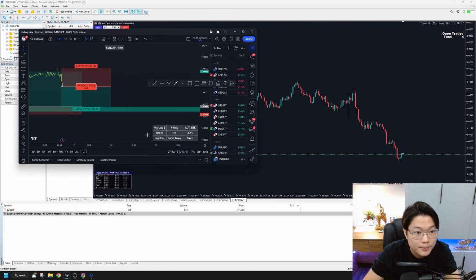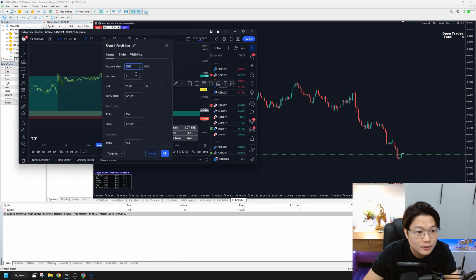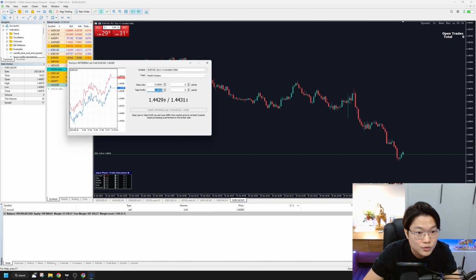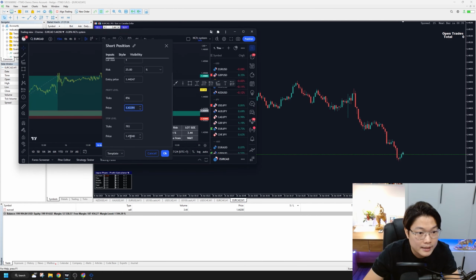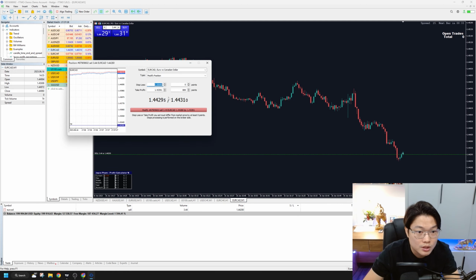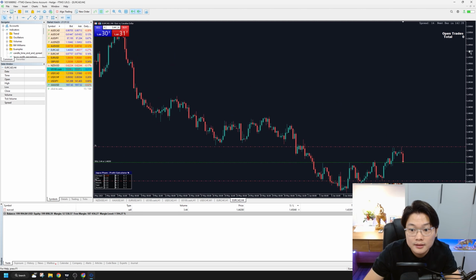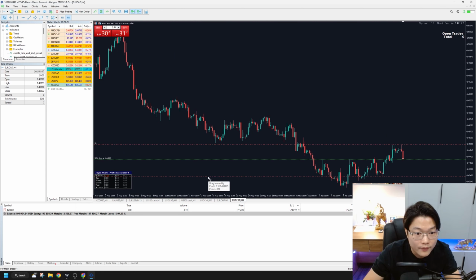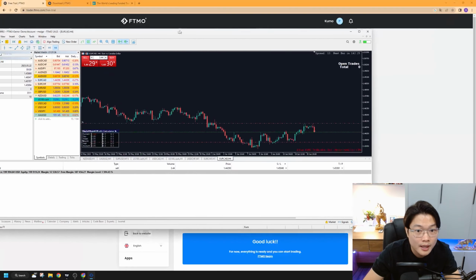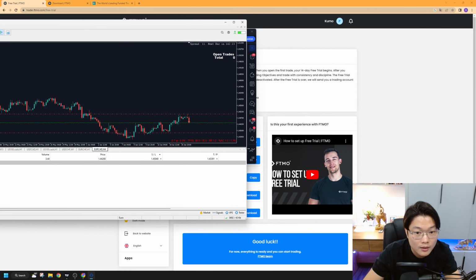Therefore we have to copy right here: click right here, you can see the profit price, copy it into the take profit, and the stop loss, copy into the stop loss and put it right here. And at this time you can see we have a stop loss here, take profit here, entry right here, and the profit is running now.